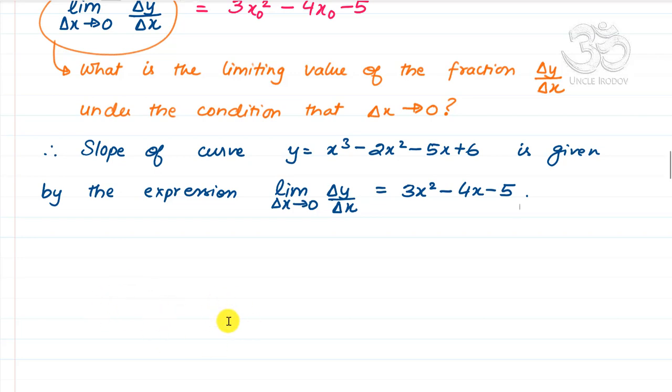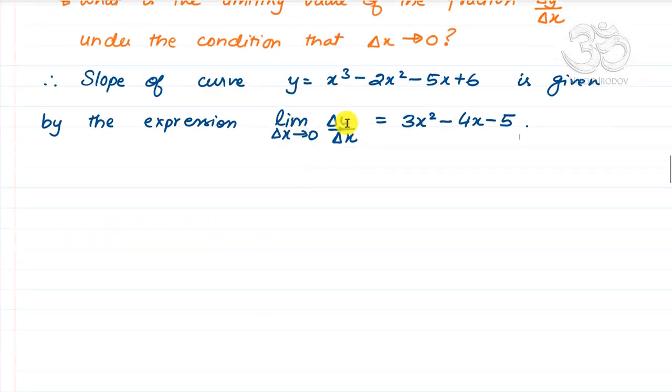And then what we said was that we don't want to write this over again and again. This is a huge expression for us to write. So instead of saying limiting case delta x tends to 0 whenever delta y by delta x is to be found, we will write this entire thing as dy by dx.